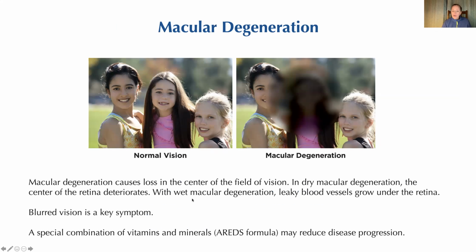The harder to treat part is what's called wet macular degeneration. And that's where we get blood vessels growing over the center of our vision. Remember how when we looked at that fundoscopy in the center of the fovea, there were no blood vessels? When blood vessels start growing into the fovea, you start losing your central vision.